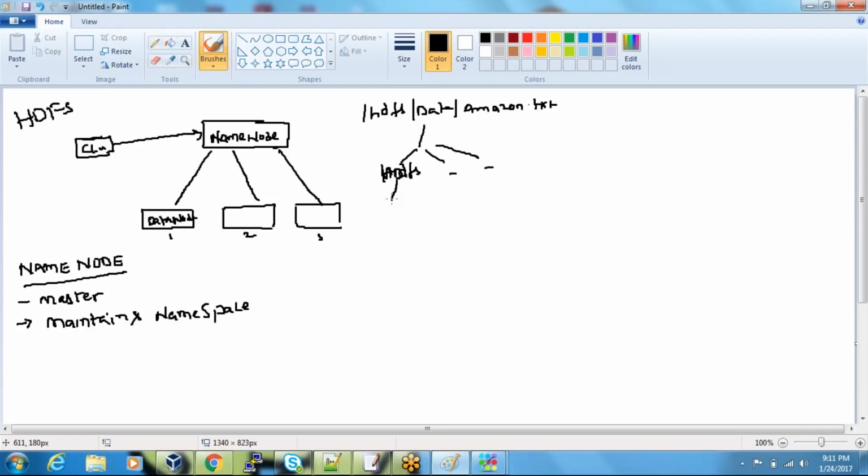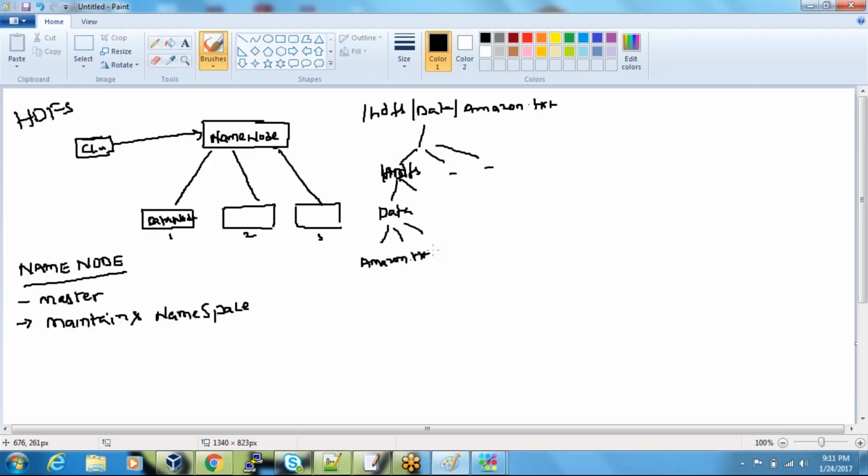Under hdfs you have something called data, and under data you have amazon.txt. So now your name node is maintaining namespace information about the Amazon data, because you have loaded the Amazon data into data nodes. That information is maintained by your name node.